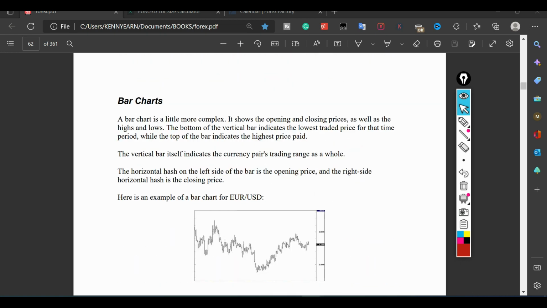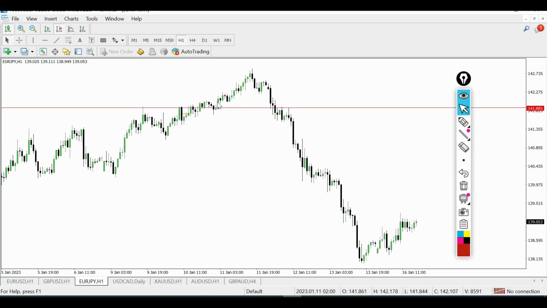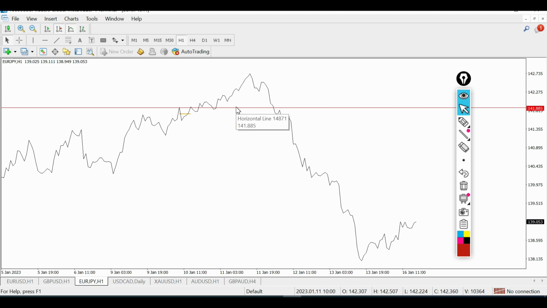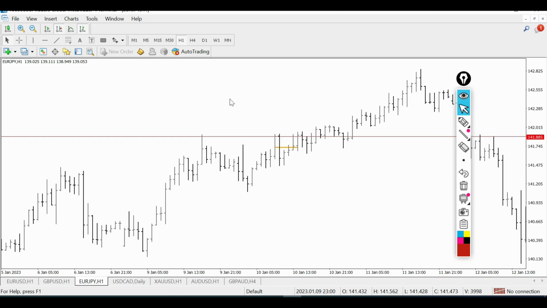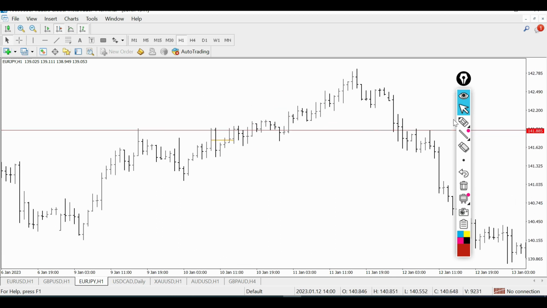Okay, I could still use my MT4. On MT4, if I click here, you can see I'm looking at the market in the form of a line chart. If I click on this one, I'm going to be seeing the same information on a bar chart. You can see how the bar chart looks. It's showing me the open, the high, the low, the close of the day.